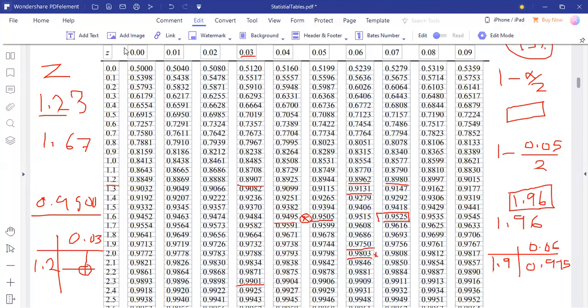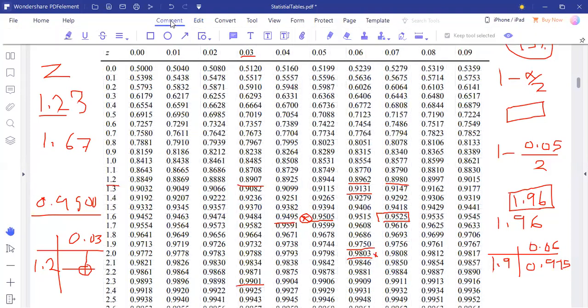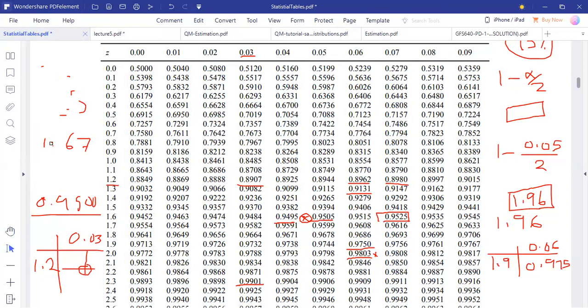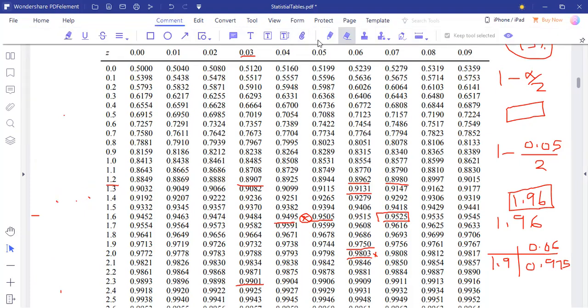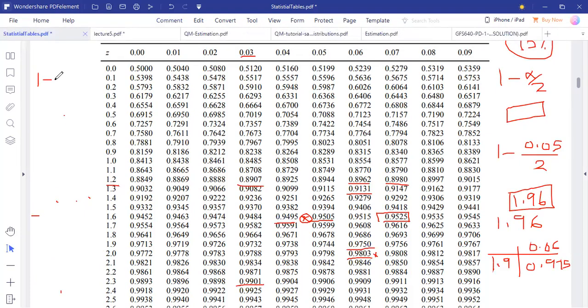Number one, what do you do? It's the same procedure. 1 minus alpha over 2.